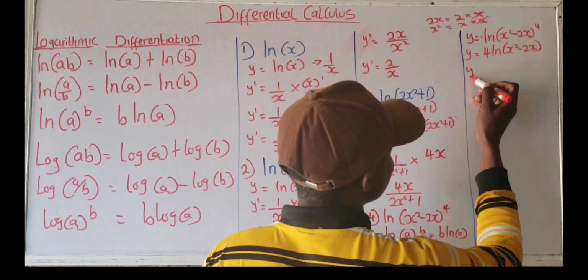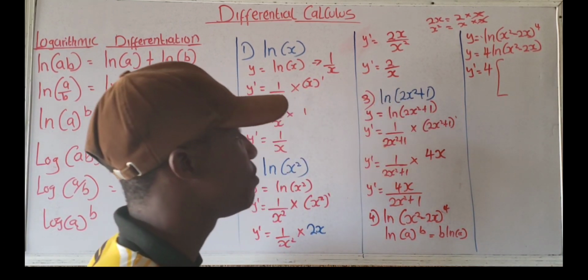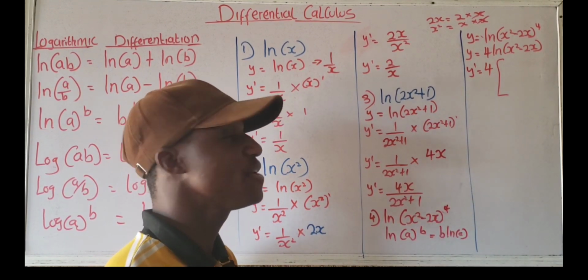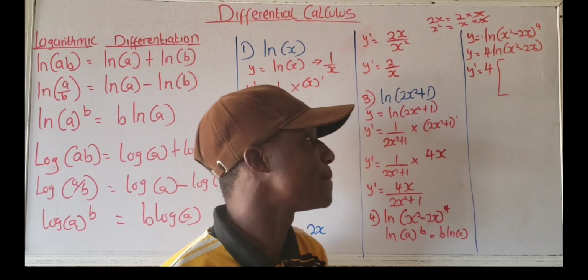Let's proceed. The derivative of y is equal to 4 multiplied by, okay, now I told you that if you are asked to differentiate a function, all you have to do is take the inverse of the function inside the bracket. The function inside the bracket is x squared minus 2x.